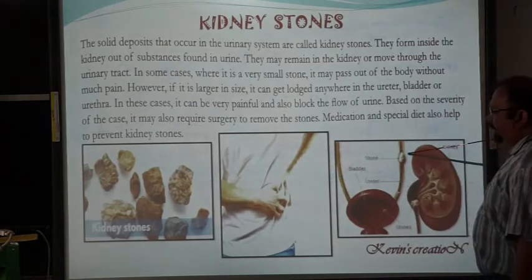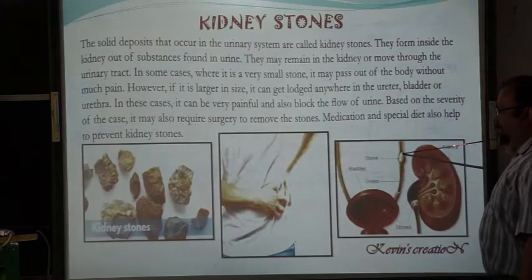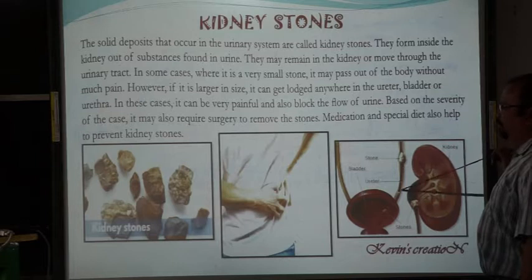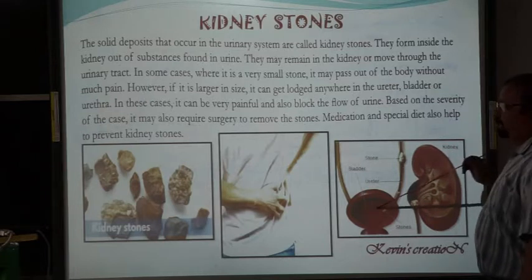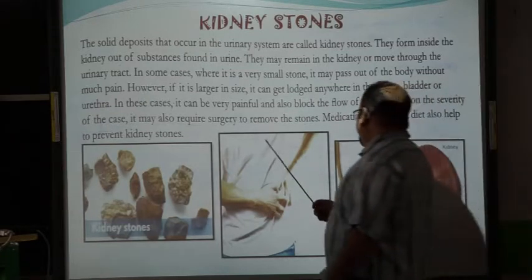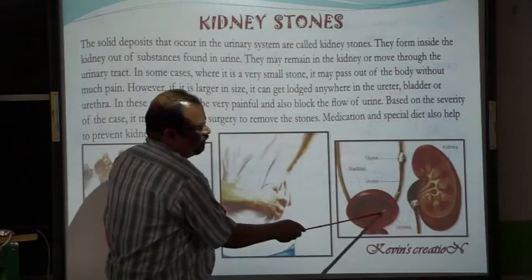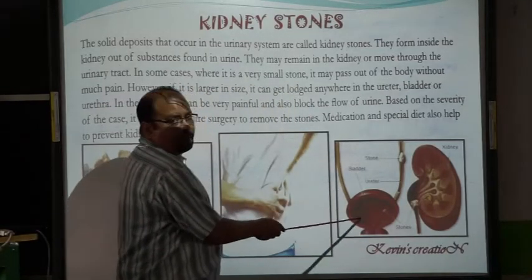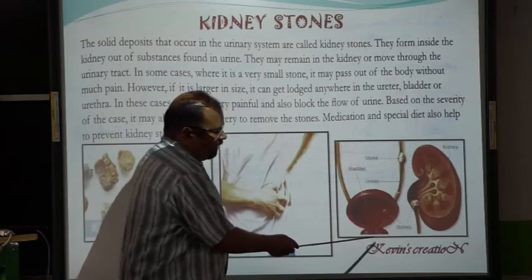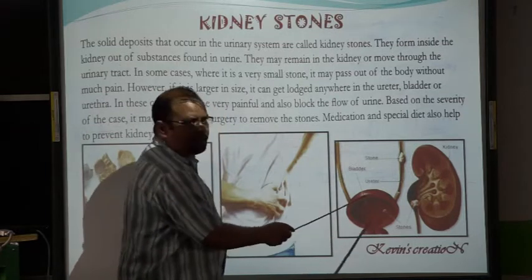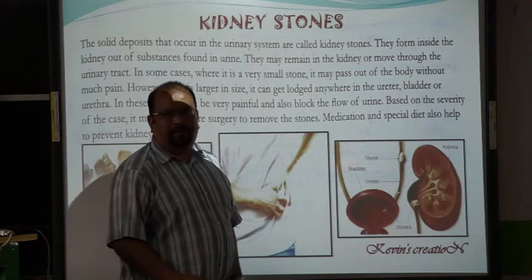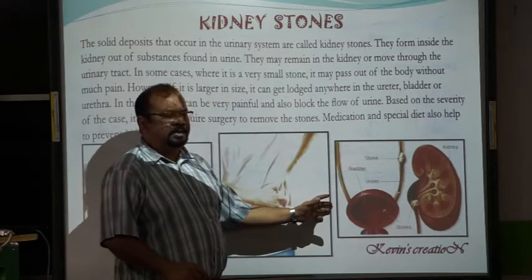So here you can see this stone is there in the ureter. This is the tube which connects the kidney to the urinary bladder. It may also be there. You can see one stone here. It is there in the bladder. Okay. Sometimes it can be here also, the opening of the urinary bladder through which the urine comes out.